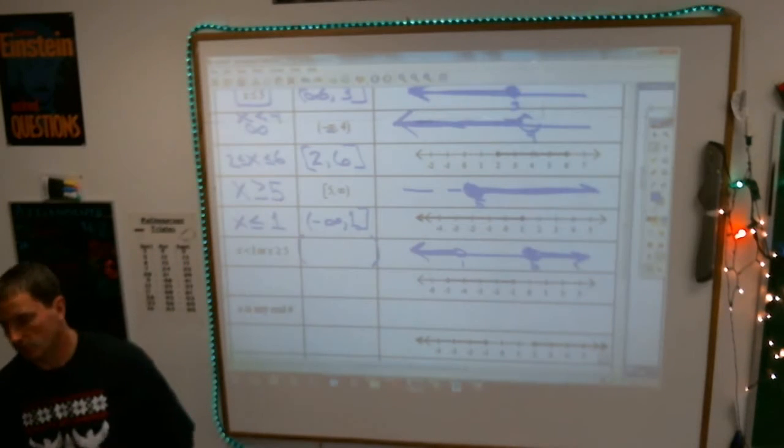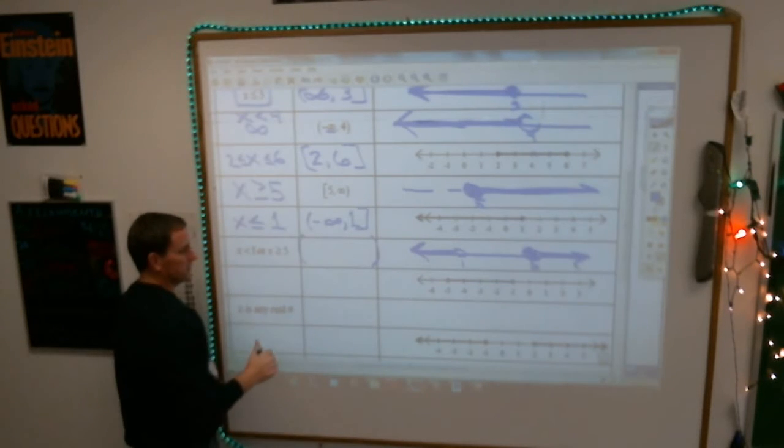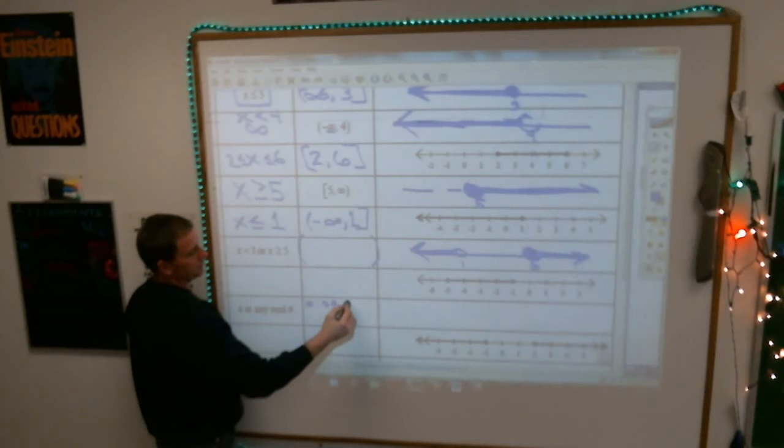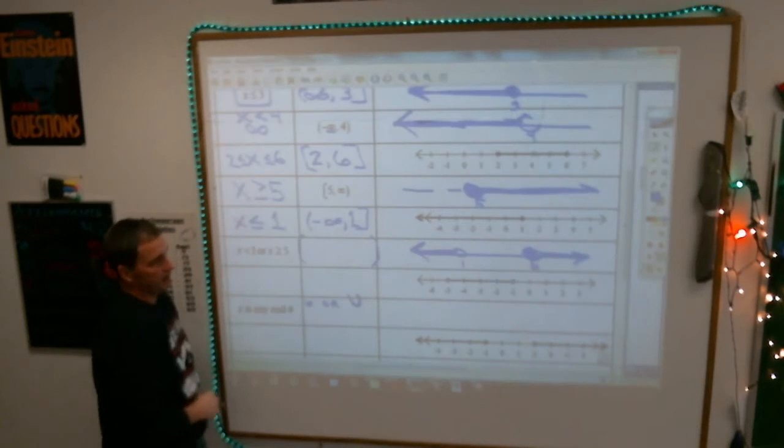I'm going to have to refer to my answer sheet here. If it's an or, you might want to write this in your notes. If it's an or problem, you use the little union symbol. Not because you're union workers, but because you're going to join two things together.